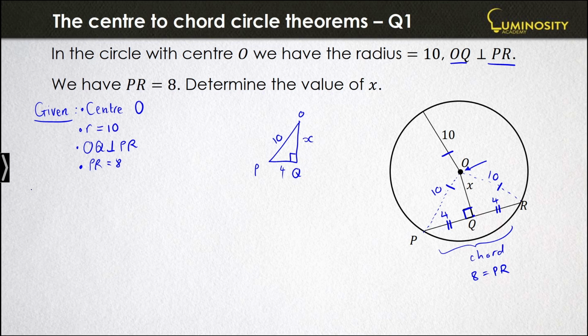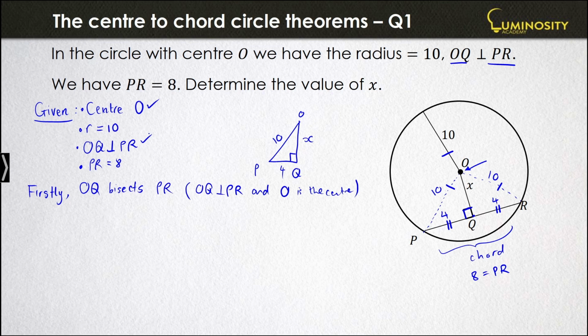Firstly, we have that OQ bisects PR, and the reasoning for this is that OQ is perpendicular to PR and O is the center of the circle. So that is by the first theorem. I've used the fact that we have the center, and that these are perpendicular, and I therefore conclude that OQ bisects PR.